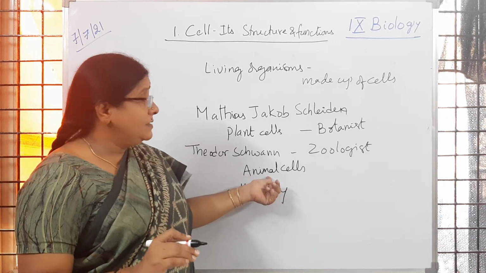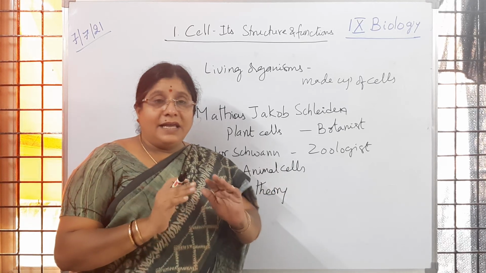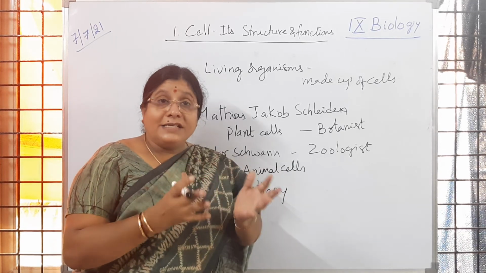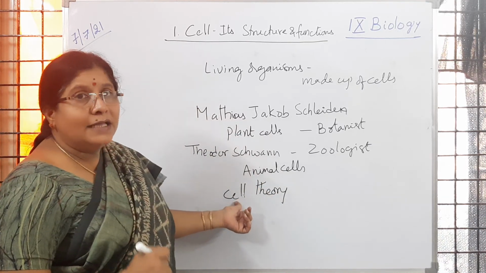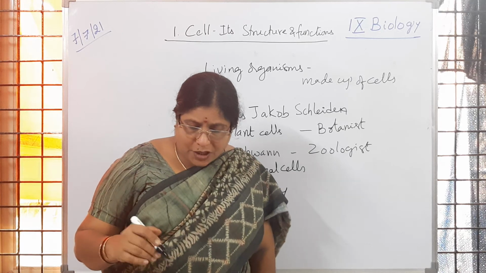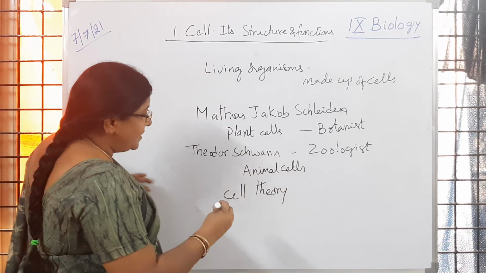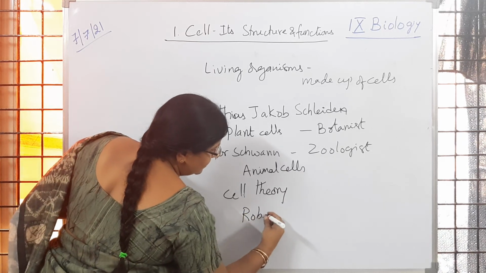Okay. Then these two scientists generalized and they gave the theory which we call the cell theory. So later Robert Hooke. So Robert Hooke, what has he done? Robert Hooke.